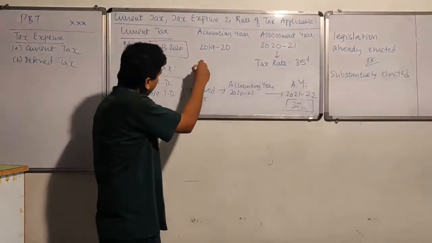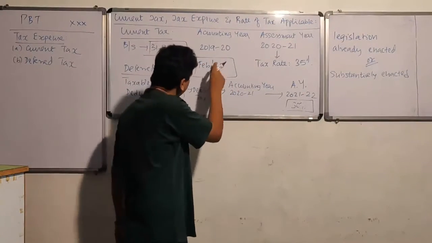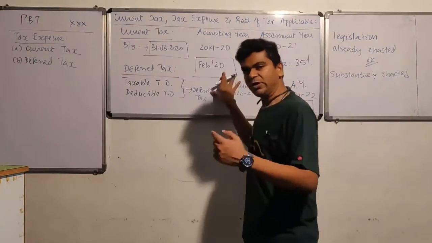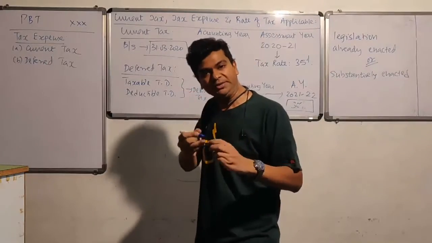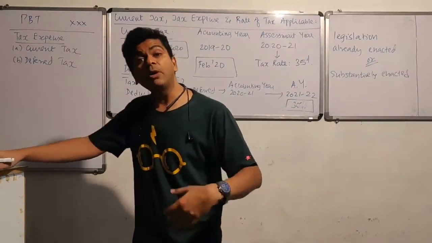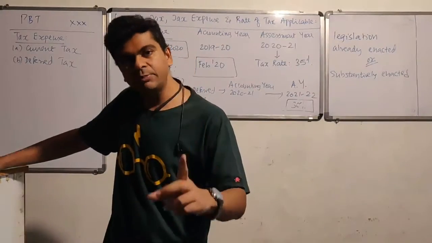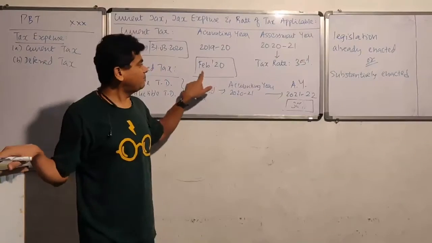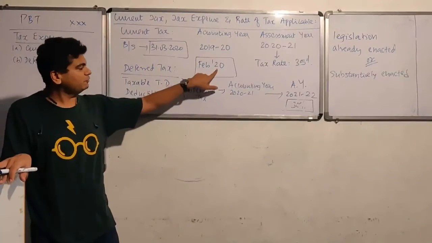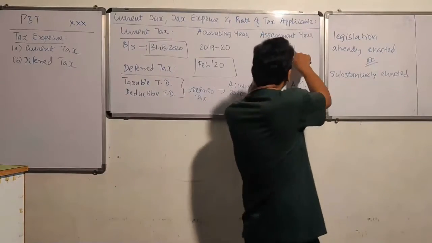Let's try to understand this with an example. We know that every year, in the month of February, the government of India presents its budget. So in February 2020, the government must have presented its budget. The budget proposals are never for the immediate assessment year. They are always for the next assessment year. So whatever proposal is discussed in the budget of February 2020 will not affect my assessment year 2020-21.